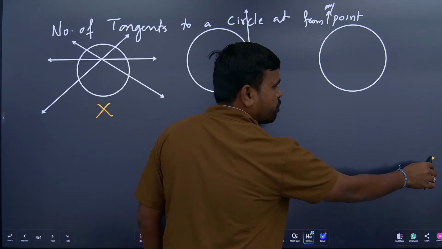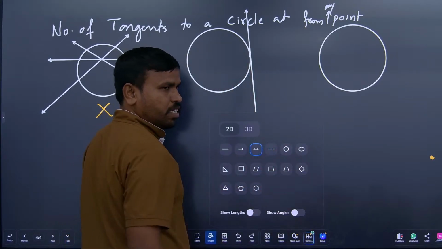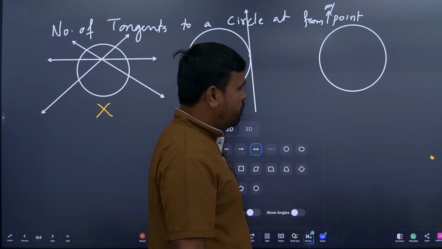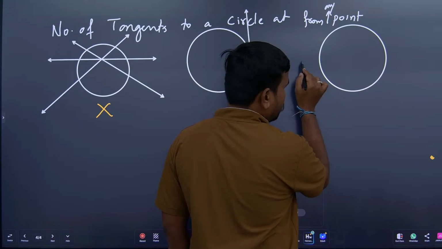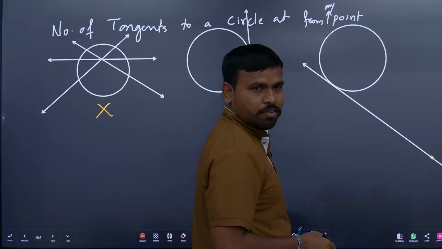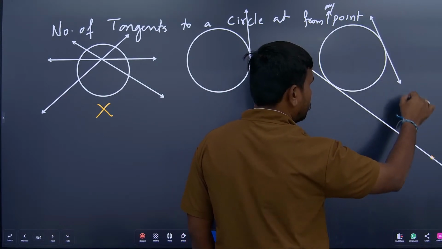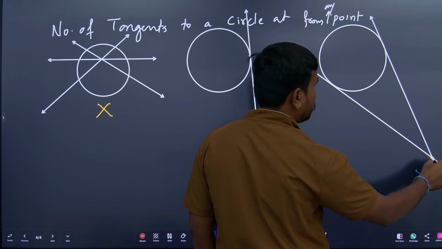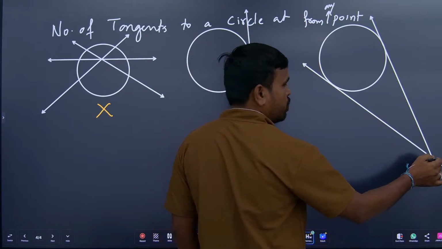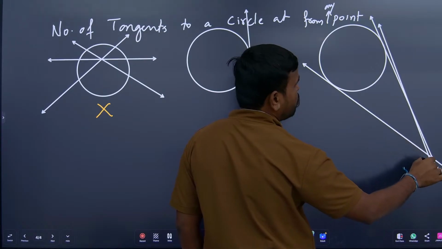Let's take a point outside the circle. How many tangents can you draw from that outside point? 0, 2, 1? Check it here. From this point, one line. From the same point, one more. Try one more. Can you?